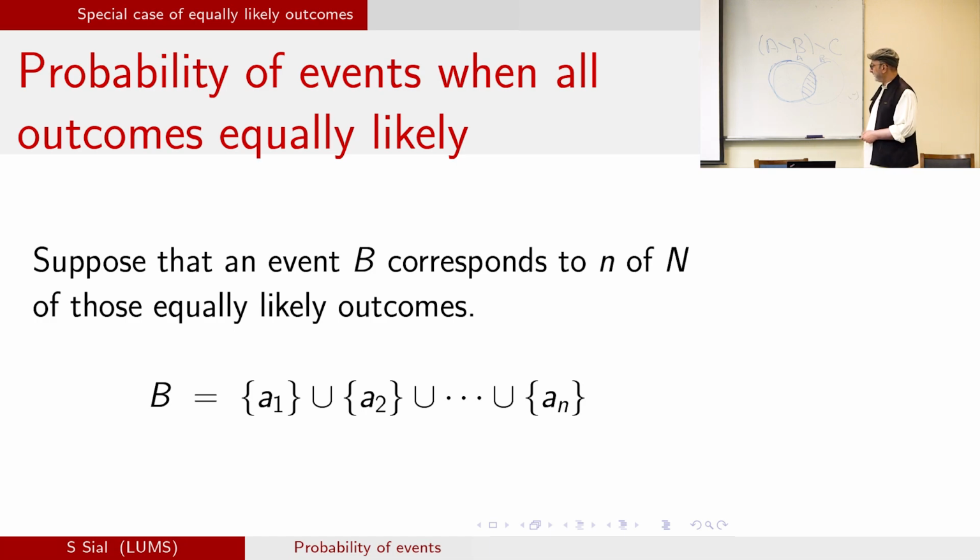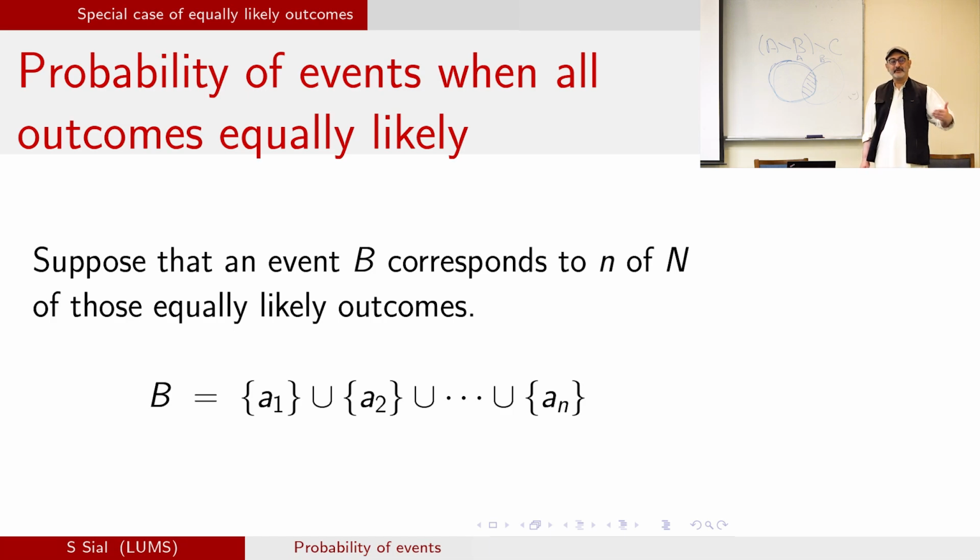Now, what if we had something like, what's the probability of B? B is some subset consisting of a certain number of equally likely outcomes. So, B consists of small n of the capital N equally likely outcomes.